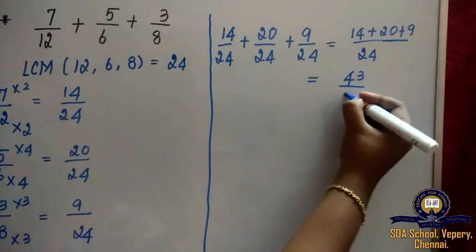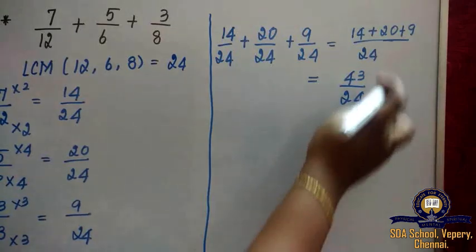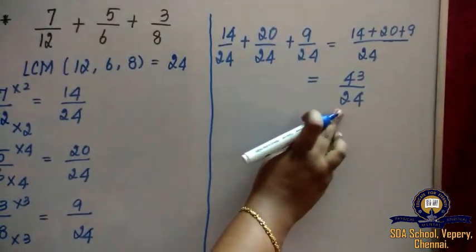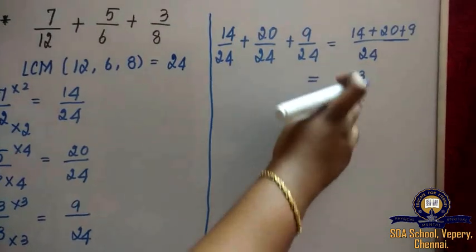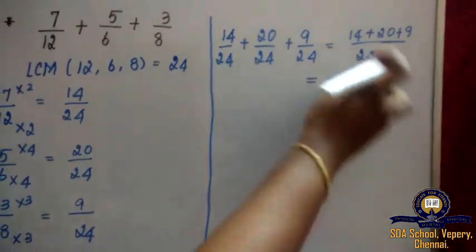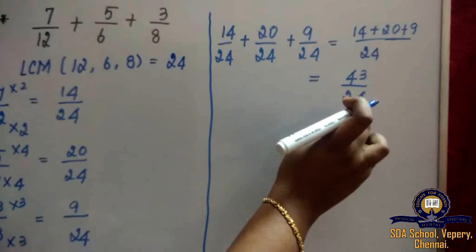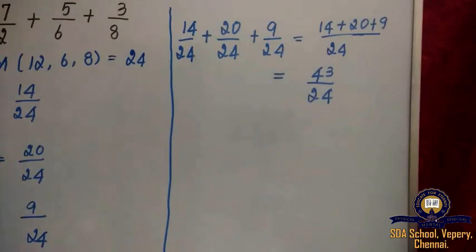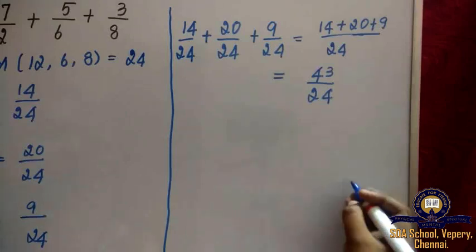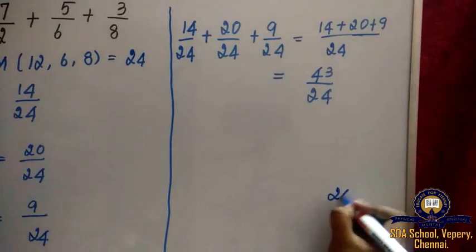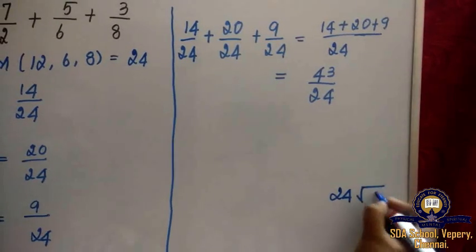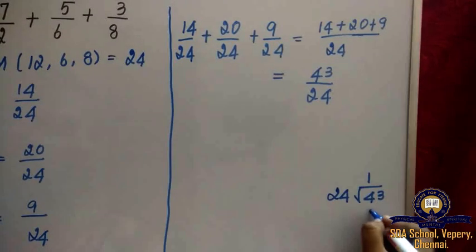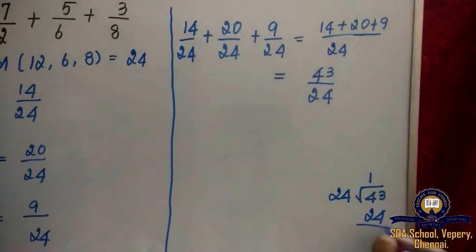43 by 24. We have obtained an improper fraction. So the denominator is smaller than the numerator. So this is an improper fraction. So we need to convert the improper fraction into mixed fraction. So 43 divided by 24. 24 ones are 24.